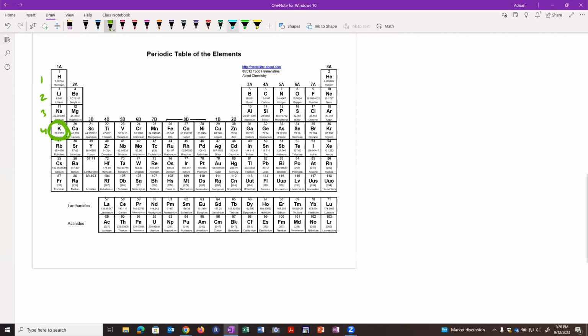We can break the periodic table up into several blocks. This first block here in blue, this is called the S block. The block in green over on the right side, the last 6 columns of the table, this is known as the P block.